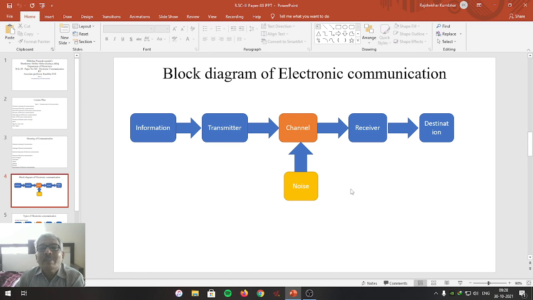Dear students, as the name of the first topic is the fundamentals of communication, this topic is going to create a platform. This topic is going to create the base to understand the forthcoming topics in this particular paper.